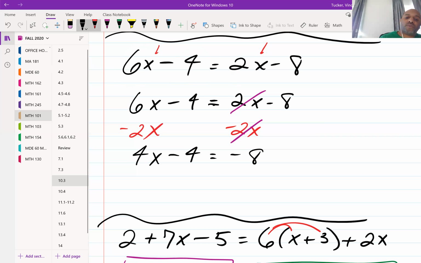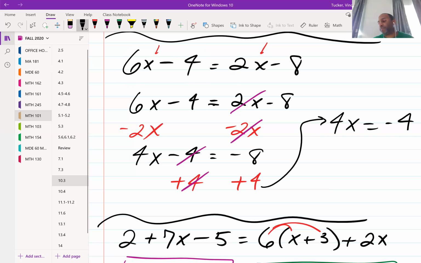Then I will add 4, because remember your goal is to get all of your terms with x on one side, all of the terms without x to the other. So now I'm taking the 4 to the other side, but I have to do that by adding it. So that would be 4x equal to negative 4.